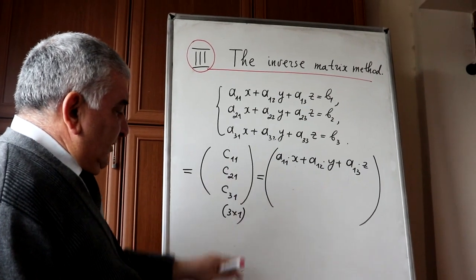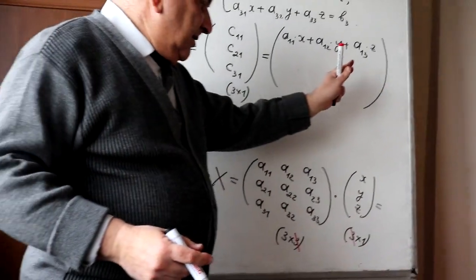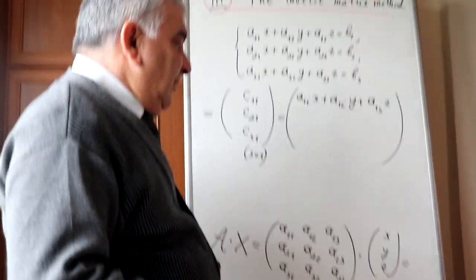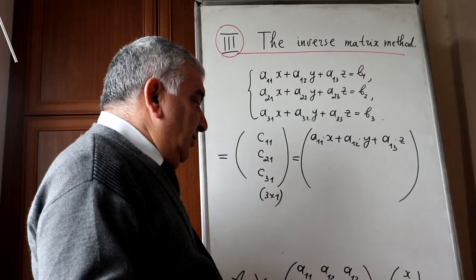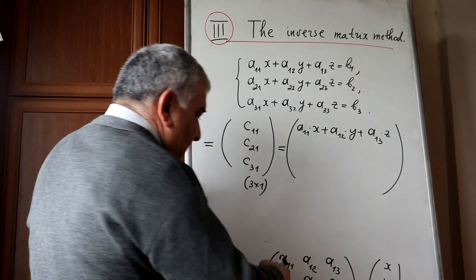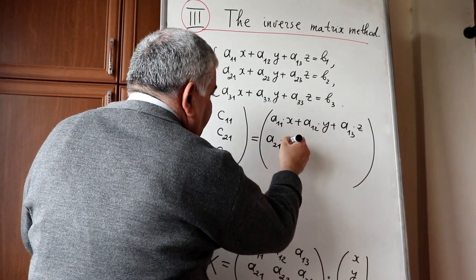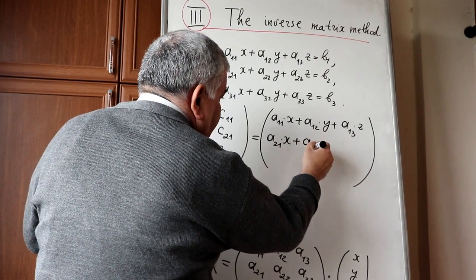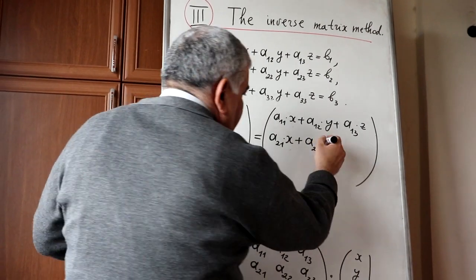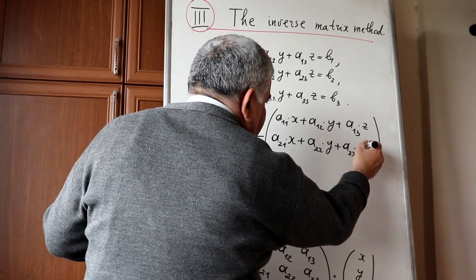Then for obtaining the next element, we must multiply the second row of the left matrix by the first and also the unique column of the right matrix: a21 multiplied by x plus a22 multiplied by y plus a23 multiplied by z.